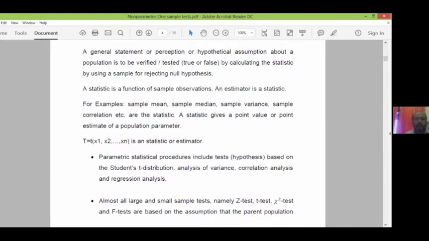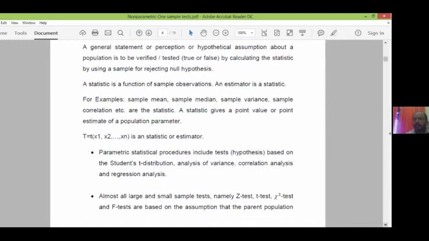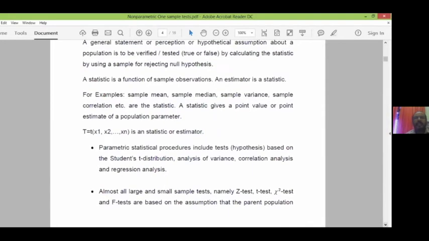Almost all the large and small sample tests, namely Z test, t test, chi-square test, and F test, are based on the assumption about the parent population. A general statement or hypothetical assumption about a population is to be verified or tested, true or false, by calculating the statistic, which I already told you.